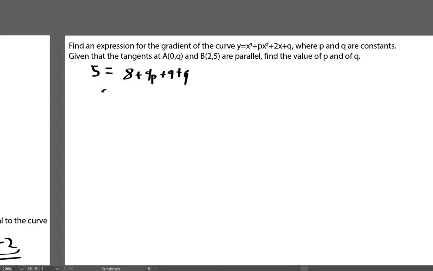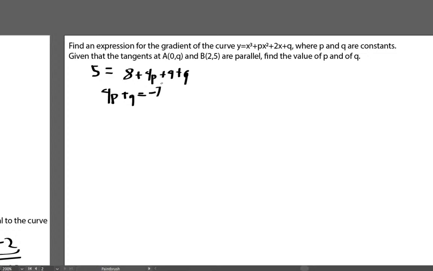This simplifies to 4p plus q, which equals negative 7. Good, that's the first equality, but we need another equality.